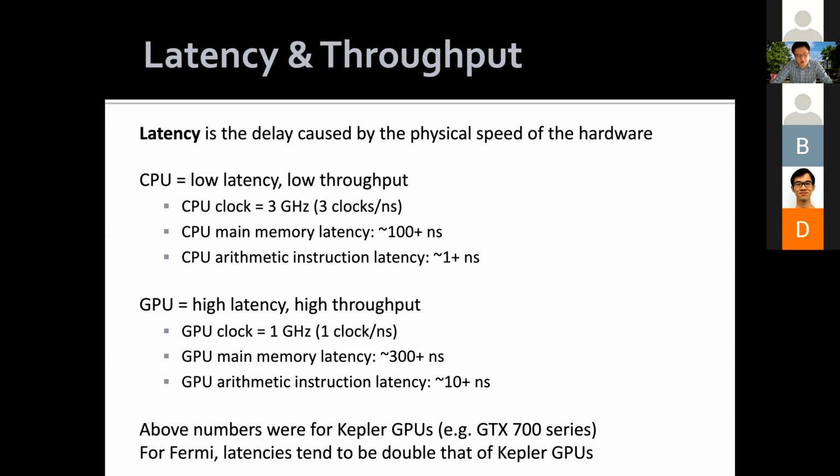But for the GPU, arithmetic instruction latency is about 10 nanoseconds and memory latency is about 300 nanoseconds. The GPU runs at a low frequency, because you can maintain a low frequency but higher parallelism to increase power efficiency.